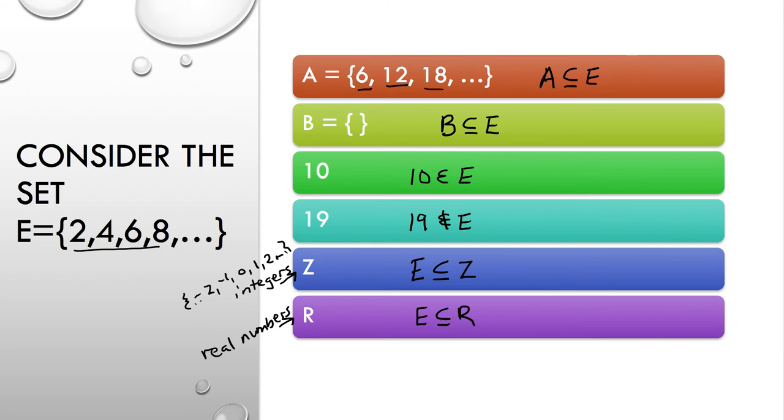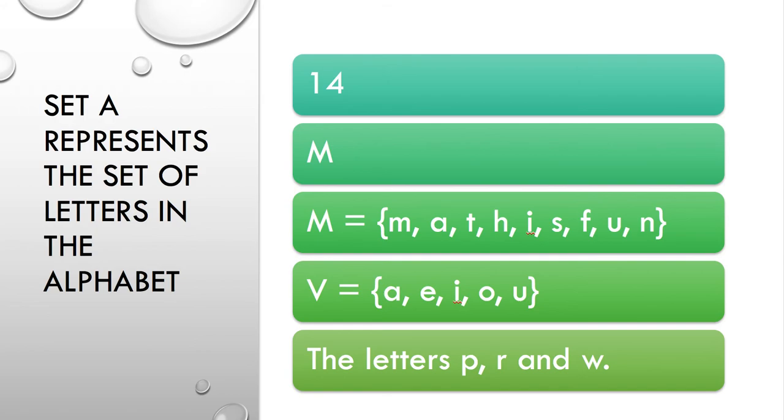All right, let's try one more of these examples. This time we're going to do it with letters. So set A represents the letters in the alphabet. All right, and so our first one is asking us to consider not a subset, but 14. There are no set brackets here, so we're just looking at element or not. So if A is the set of letters in the alphabet, is 14 a part of that set?